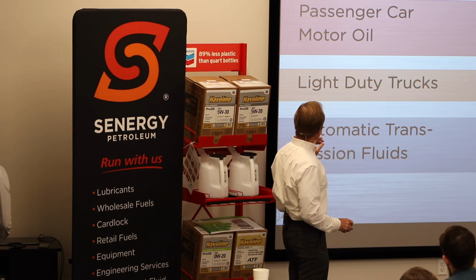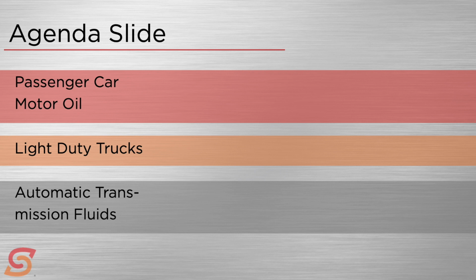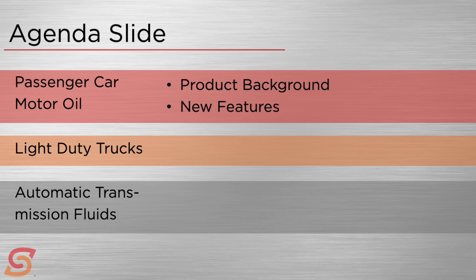We've really got it divided into three categories here that we're going to talk about, specifically the engine oil itself. We'll talk a little bit about the product's background and some of the new features coming with engine oils.